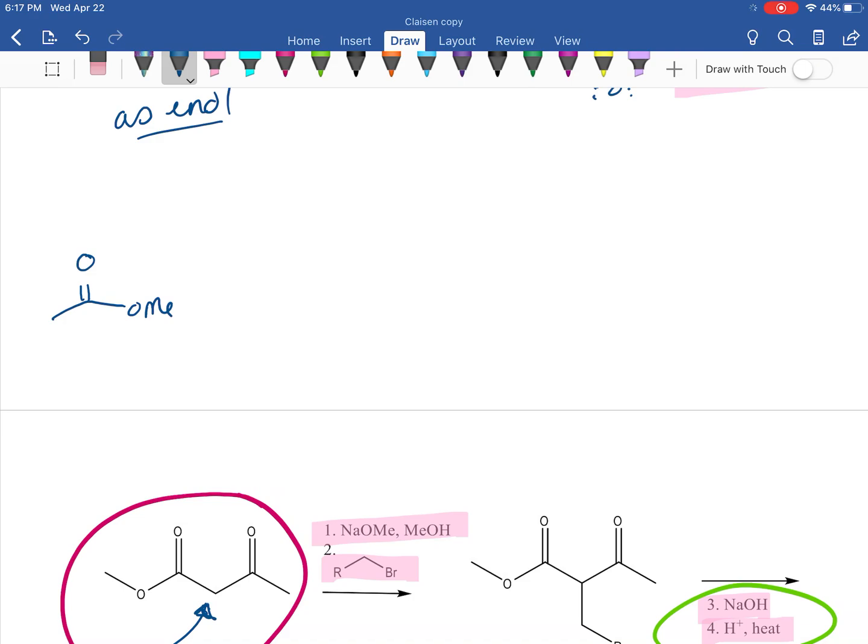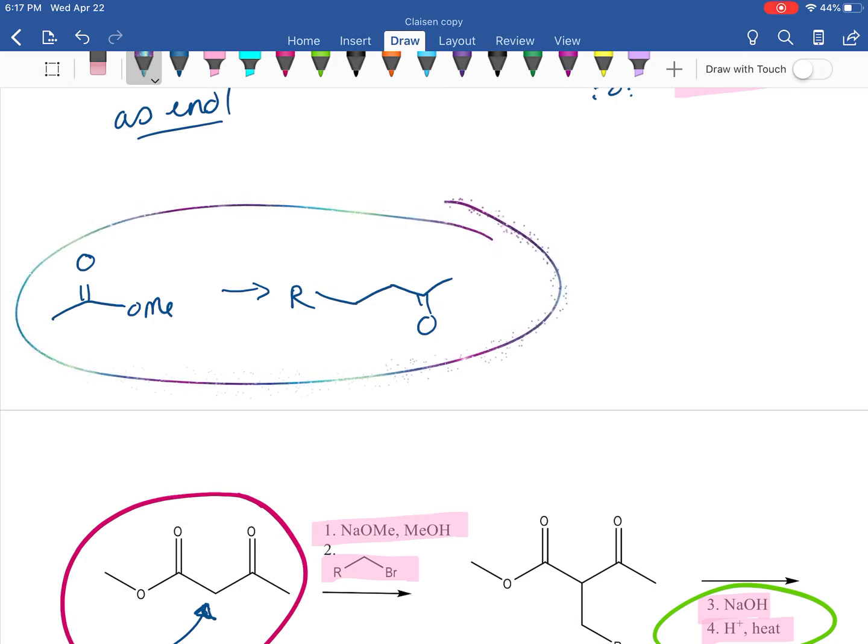So holy crap, we can literally go now, let's draw that out as one process. Wow, we could literally go from this to that. One step, that whole process.